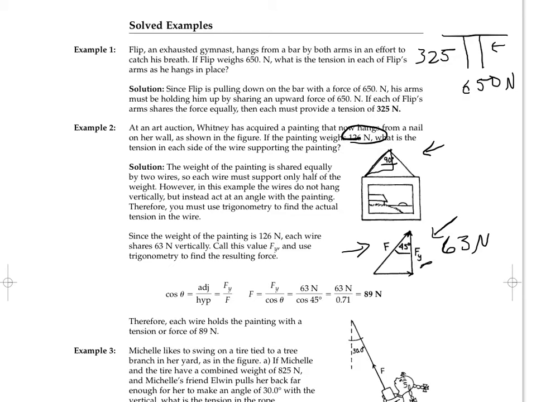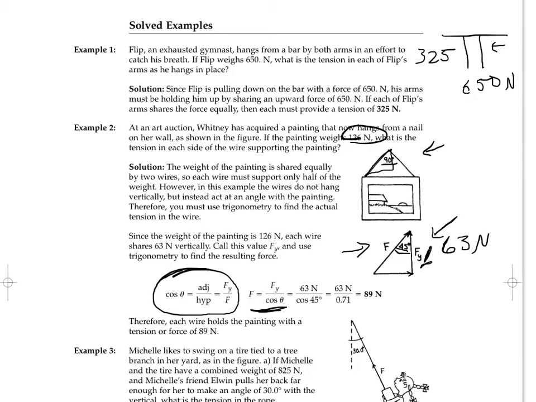But what we're trying to figure out is how much force is actually in that wire, the tension in it. If we know an angle and we know its adjacent side, we can use cosine to figure that out. Remember, cosine is adjacent over hypotenuse, and in our example, adjacent is Fy and the hypotenuse is F. We're trying to figure out F, so they solved for F, moved it around algebraically, and then plugged in.